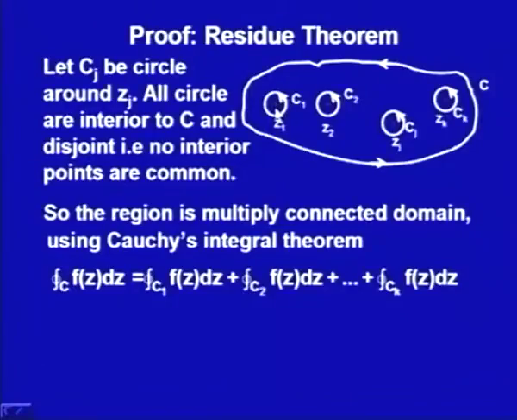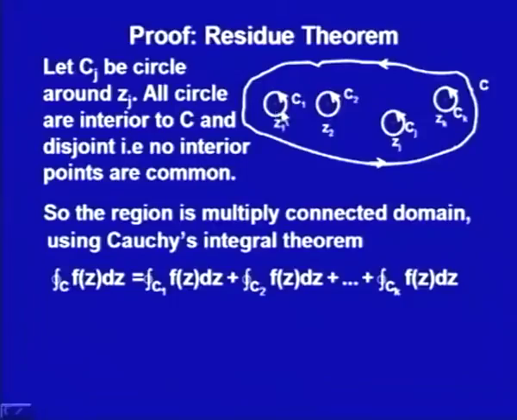Now, I can use the residue integration method, which says that if the function f is analytic in the interior of C1 except a single point Z1, then we could give the integral as 2 pi i times the residue of the function f at that singularity point, that is Z1. This is true over here.